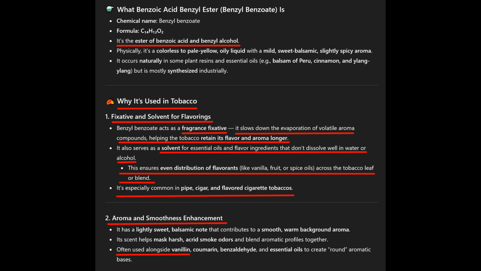Second, aroma and smoothness enhancement, which has a slightly sweet balsamic note. We can read that, but it is often used alongside vanillin, which Mr. Janez traced in one or two tobaccos, if I'm correct, in his video.